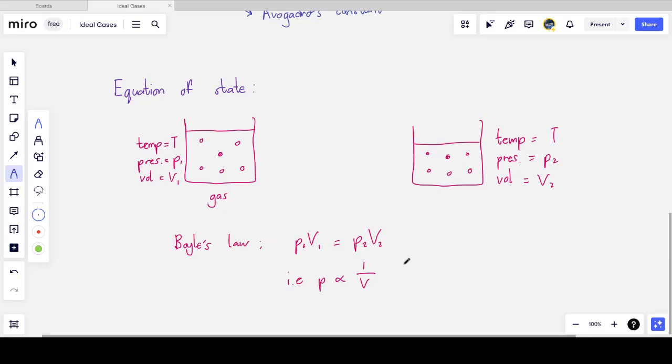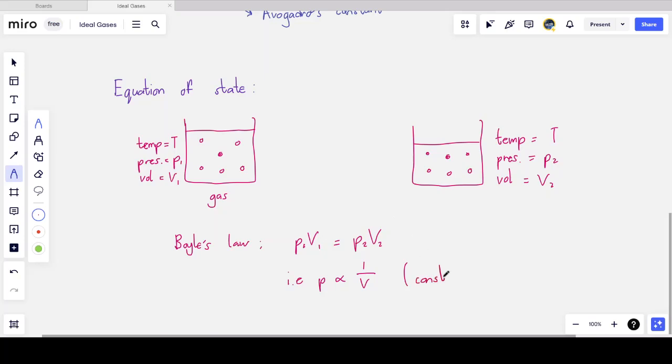Increase the pressure, decrease the volume. Or in this case, we've decreased the volume. We've allowed the gas molecules to occupy a smaller volume, and so they will be at a greater pressure. They will be exerting on average a greater force with the containing vessel, and in that scenario, the pressure on the surface increases as there are more collisions with the containing vessel.